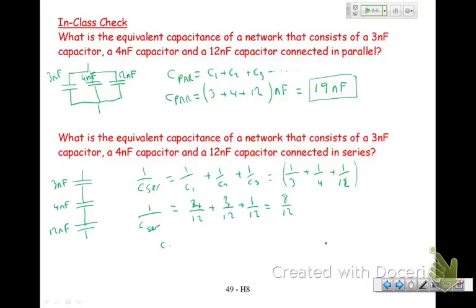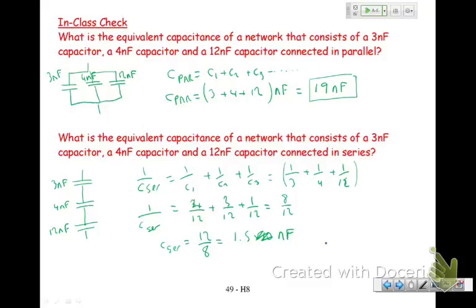So C series is equal to 12 over 8, which equals 1.5 nanofarads.